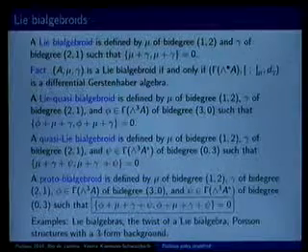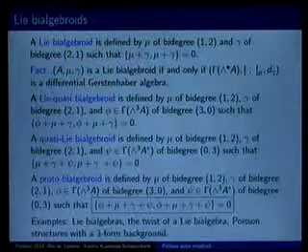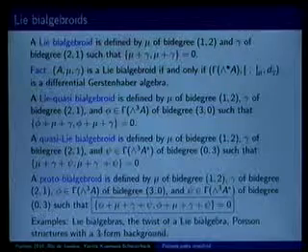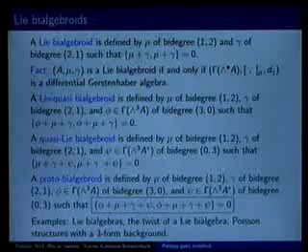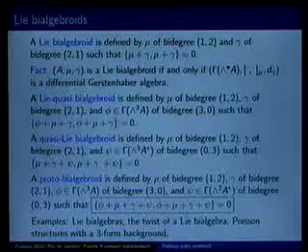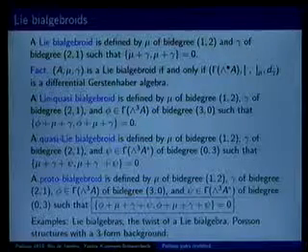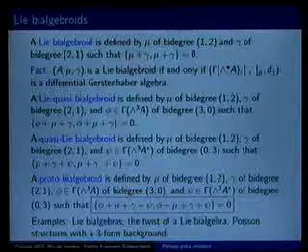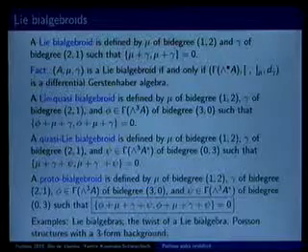Lie bialgebroids generalize Lie bialgebras in the algebroid framework, and they're defined in a very simple way, just by taking a bracket and a co-bracket, an element mu and an element gamma of suitable bidegrees, and writing that the sum squares to 0.